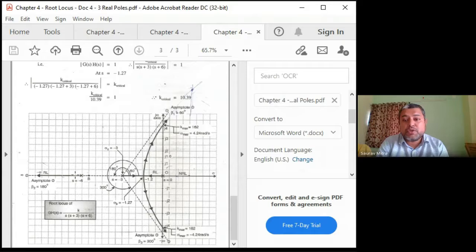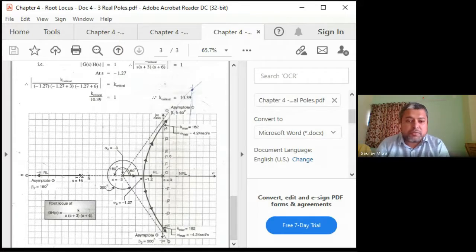So there are three poles: one at -3, one at 0, another at -6. When gain is 0 this is at s equal to -6, and as you keep increasing the gain, this root becomes more and more stable. So this is an absolutely stable pole.